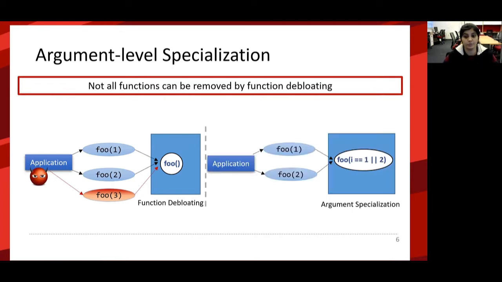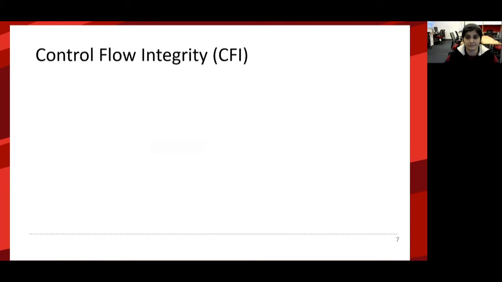It's specialized to only accept the arguments from the original code base, in this case, the integers 1 and 2. When this attacker now calls foo with any other arguments, the attack fails.